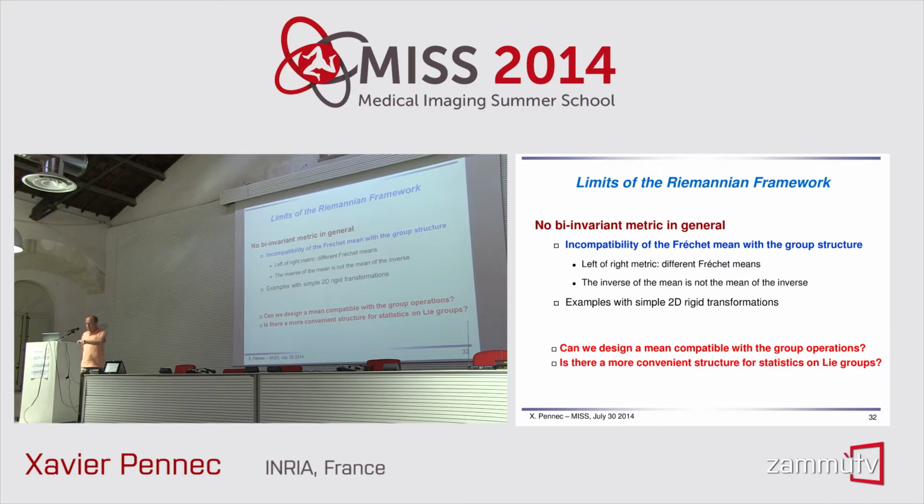Okay, so now in the last minutes, so that will be very short. I'll probably skip a few slides. Why am I not happy with this left or right invariant metric on Lie groups? Well, the basic problem is that if I'm doing statistics in the Lie group, I would like my mean to be invariant by the left translation, invariant by the right translation, invariant by inversion.